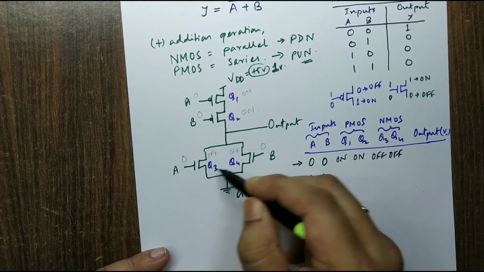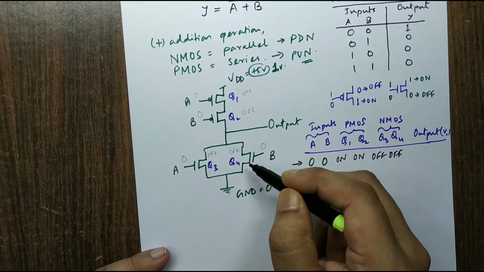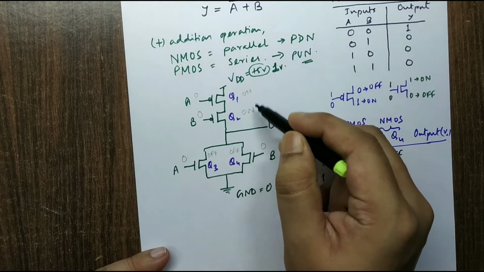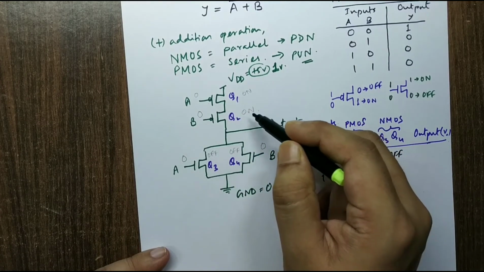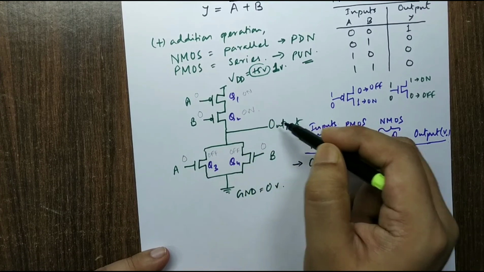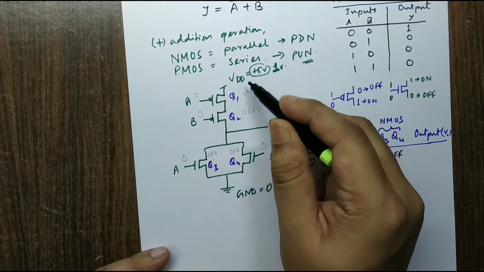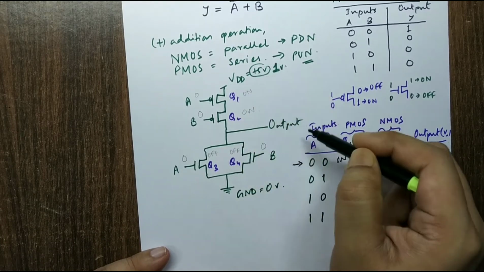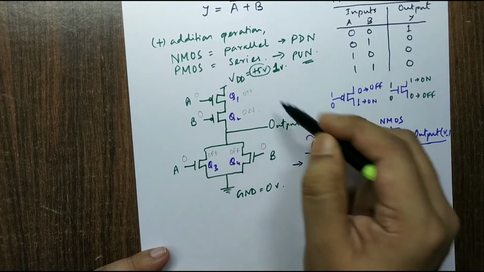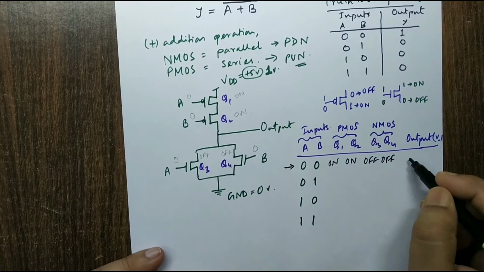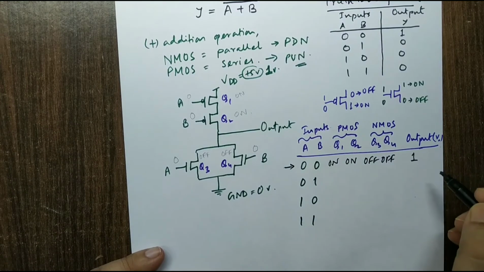If both transistors are off, it will act as open circuit. Whereas these PMOS, since both are turned on, it is a complete or closed circuit. So if the output is directly connected with VDD via this line, the value of VDD will appear in the output. So what is the value of VDD? 1. So I can write down here, output is 1.